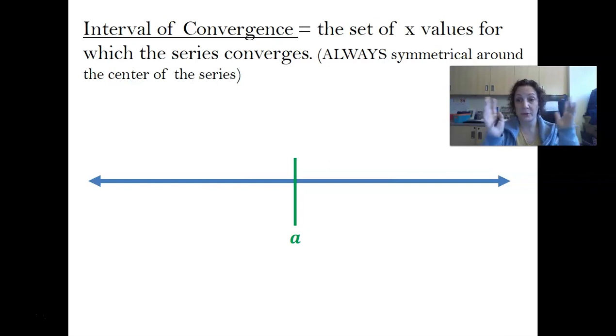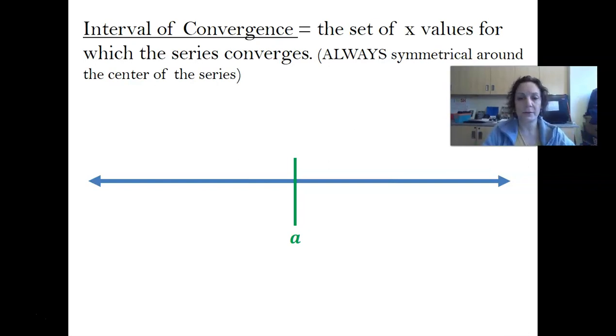And we know the interval of convergence is always going to be symmetrical around the center. With geometrics, if it's centered at 0, my interval of convergence is between -1 and 1. If it's centered at 2, my interval of convergence will be between 1 and 3, because for geometrics it's got to be within 1. Obviously, for other ones, it's not going to be like that.